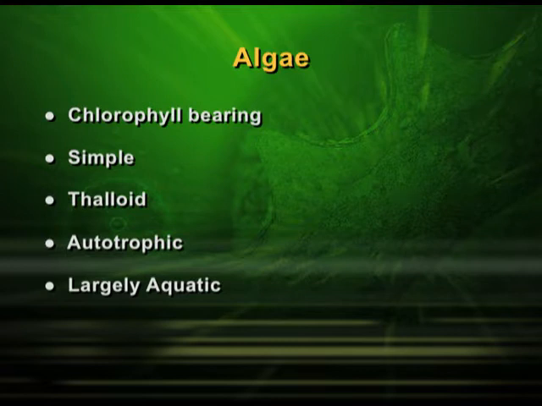What do we mean by these terms? If I say algae are chlorophyll bearing, that means they have chlorophyll, and if they have chlorophyll, they will do photosynthesis. And if they are doing photosynthesis, they are definitely fixing carbon dioxide and evolving oxygen.